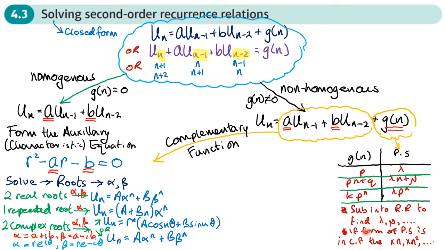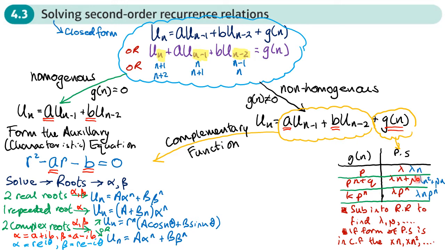Now if that happens, what we need to do is to multiply the particular solution by n. So we'd have lambda n here, lambda n squared plus mu n, and then here we'd have lambda n p to the power n.